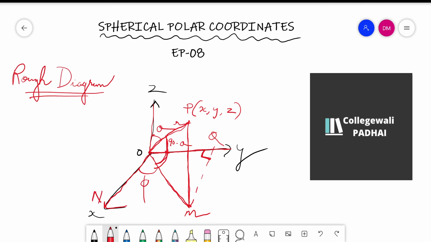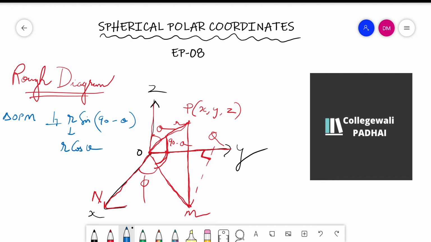So we can tell that in triangle OPM, the perpendicular is R sine 90 minus theta, which is none other than R cos theta.